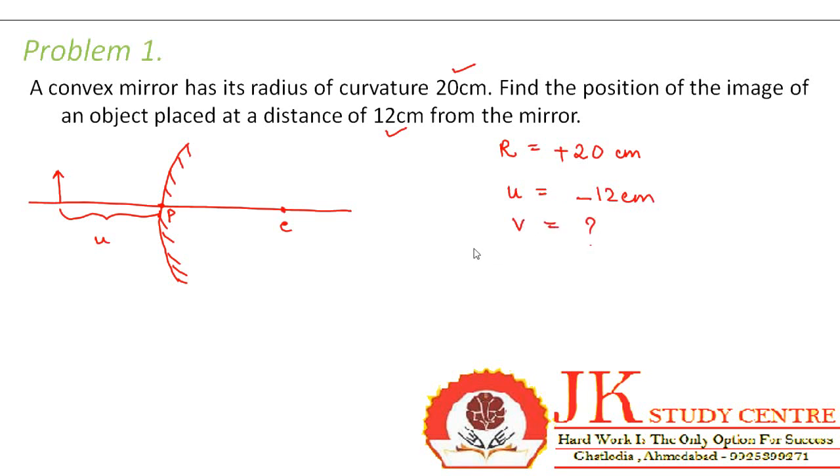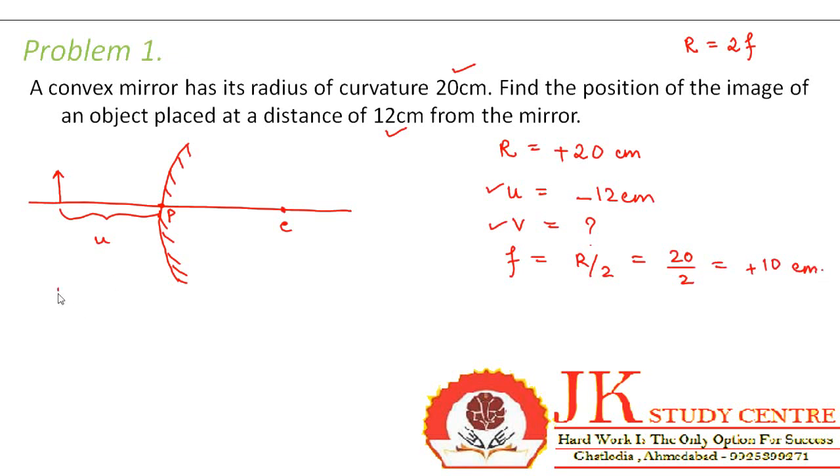So we will make use of the mirror equation. For the mirror equation, we want u, v and f. Now we know a relationship between focal length and radius of curvature. What is that relationship? Radius of curvature is twice the focal length. So we can say that focal length will be equal to R by 2, that is 20 by 2, which is equal to plus 10 centimeters.